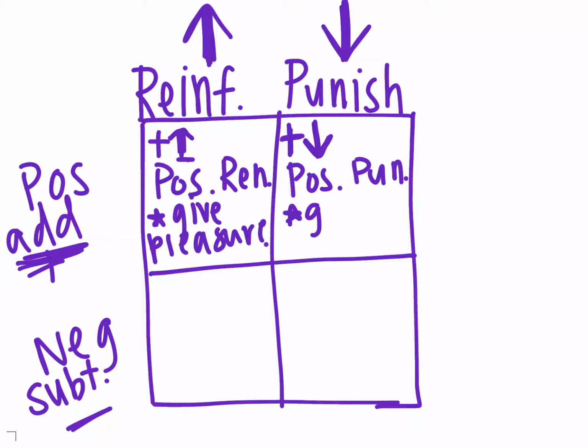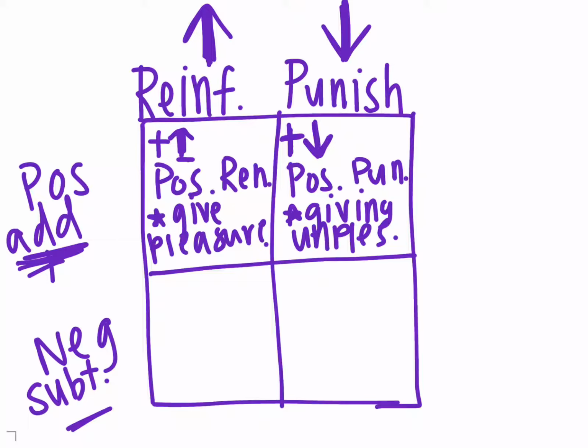You're giving something unpleasurable to that person. So this is telling you that you are giving someone a grounding, and that's hopefully going to decrease how often they come home late. So again, you're giving them some kind of unpleasant thing, some kind of consequence.